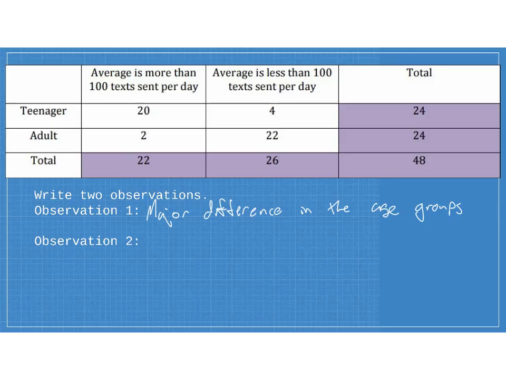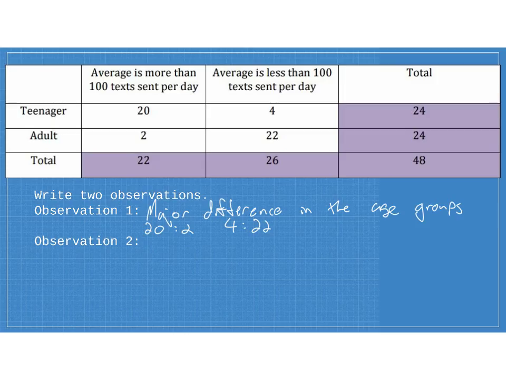So as you look at more than 100 texts per day, it's 20 for teenagers compared to just 2 for adults. But then we jump to less, it is 4 for teenagers and 22 for adults. So huge gaps there.